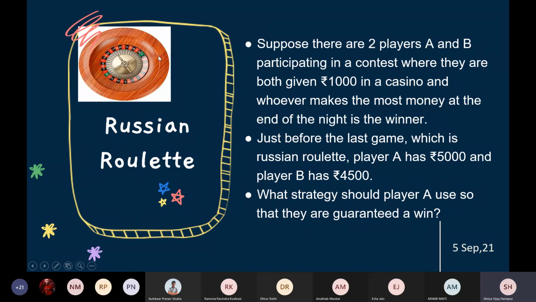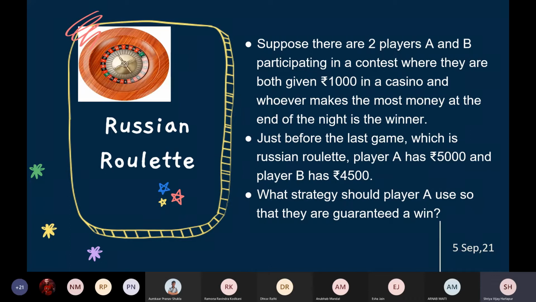If the ball lands on those boxes, then the house wins all the money that the players have bet. However, if it lands on any other number, then whoever bets that particular number wins. So for example, since the numbers are 1 to 36, the return that you get on your bet is directly proportional to the absolute probability that that number has, right?